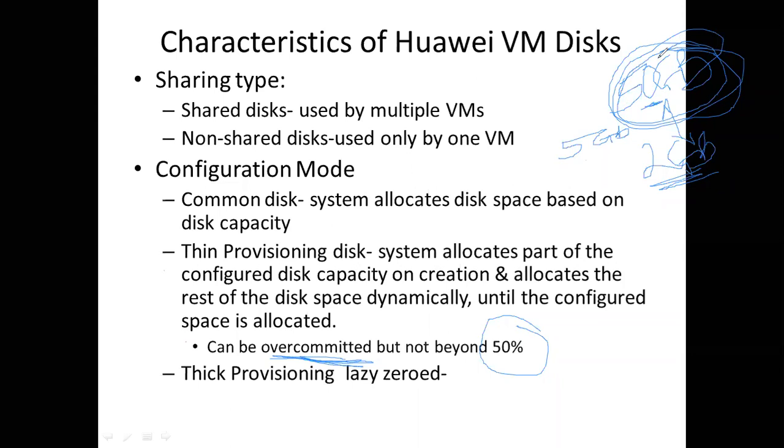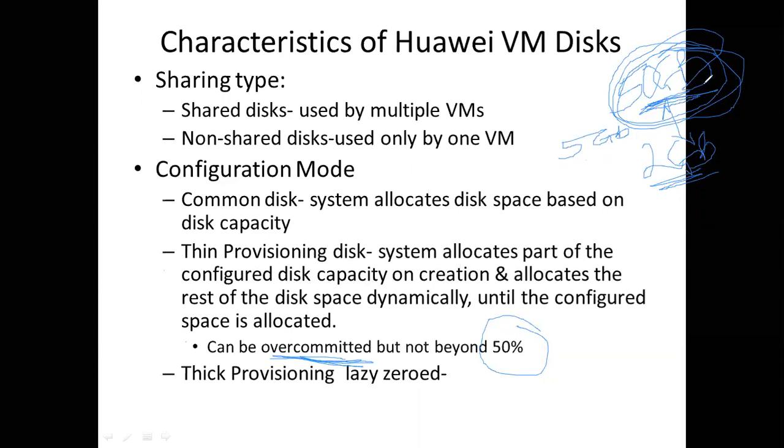It means if we are using thin provisioning, we can allocate more than the 50 gig that has been allocated to this disk. But if we allocate more than 50 gig, we cannot allocate more than 50% of the 50 gig.